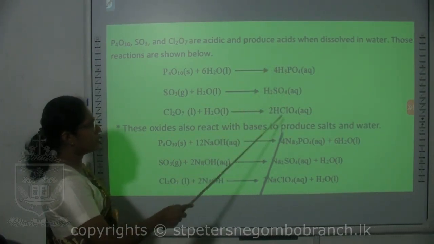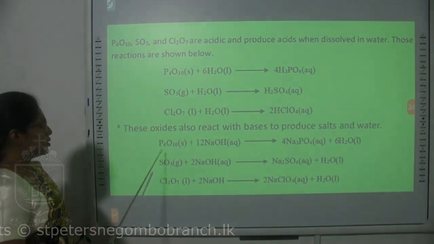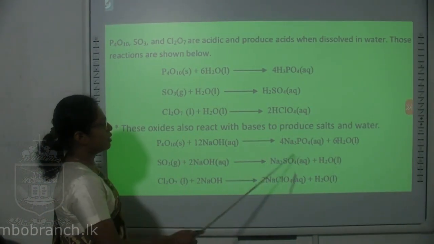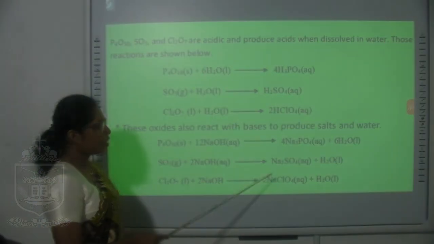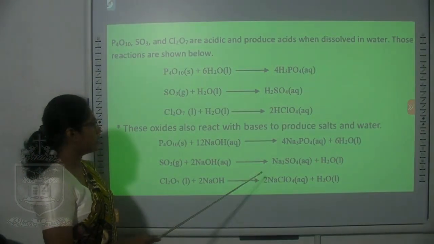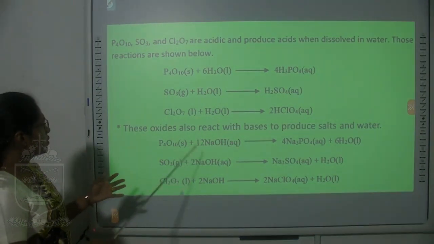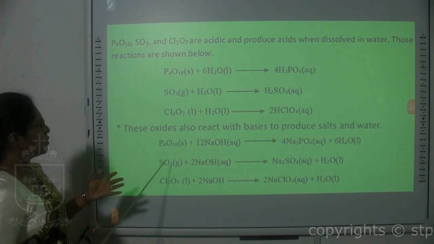All are acidic compounds. And also these oxides react with bases and form the relevant salts. If you check these reactions and the products, you can understand that. So we can prove these oxides are acidic.